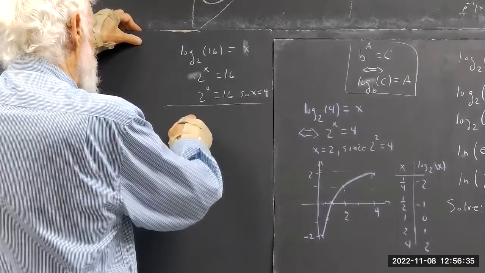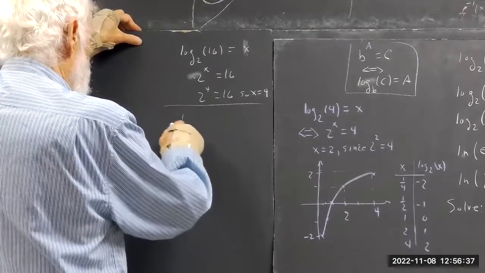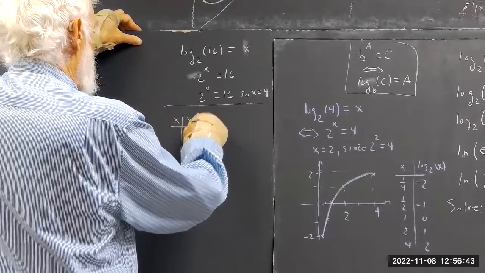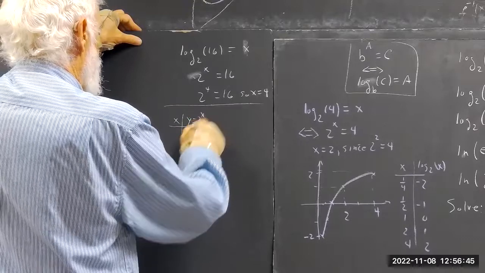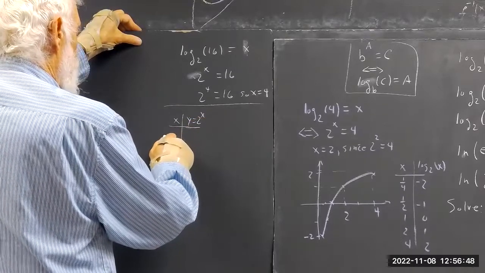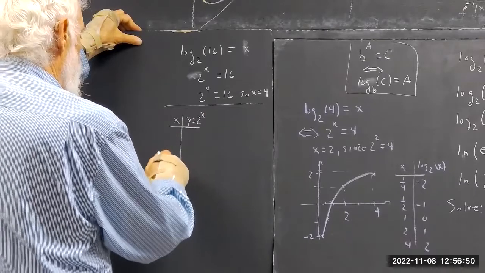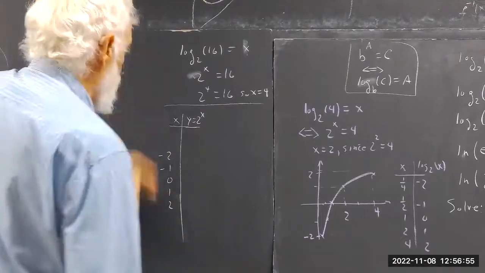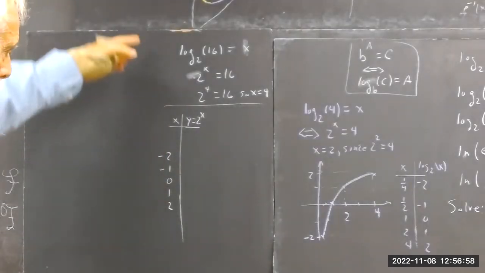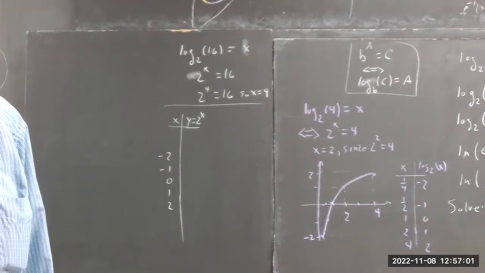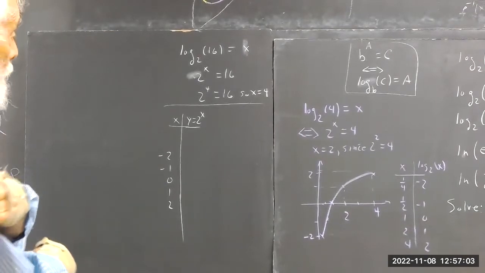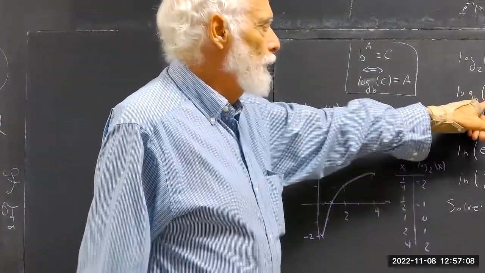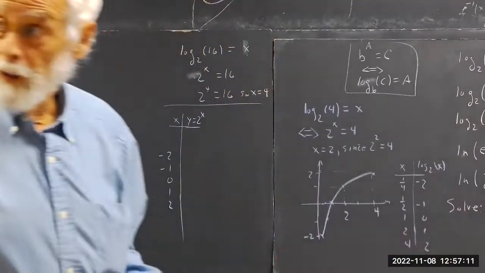So we can think about the table 2 to the x. We can extend this table in either direction through the negative numbers or the positive numbers, just to get an idea of where this number, whatever it is, might be on the table.